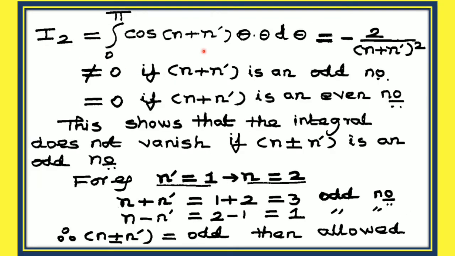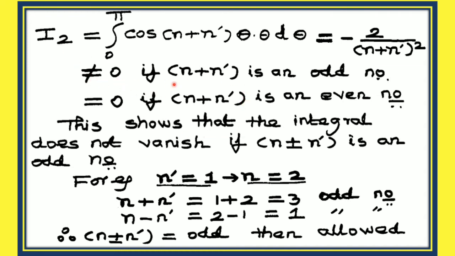The integral I2 is evaluated and found to be minus 2 over (n plus n prime) whole square, the same result. Similarly, I2 equals 0 when n plus n prime is an even number, where n and n prime are quantum numbers.